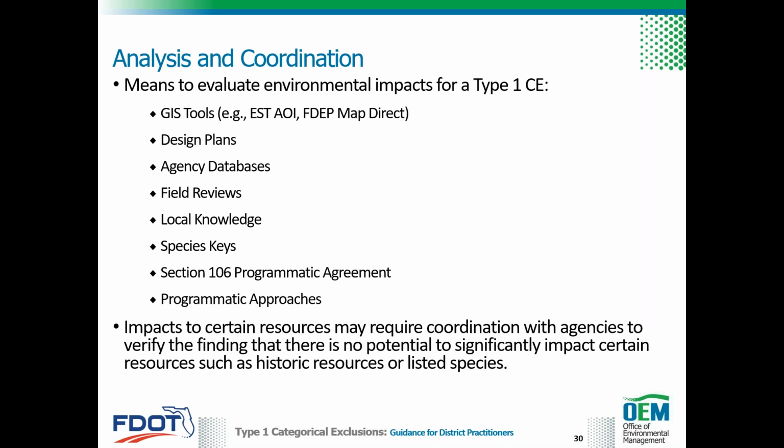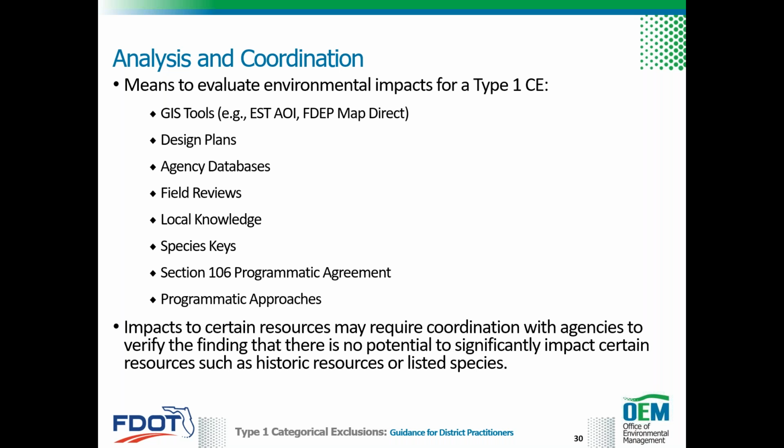Note that a field review, while not required, puts everything in context, and it may reveal details that are not necessarily known or mapped in those online resources. Other means include local knowledge, the species keys, the Section 106 Programmatic Agreement, and also Programmatic Approaches for Endangered Species Act consultation. And please note, we're going to go over each topic on the checklist and which tools are most applicable.